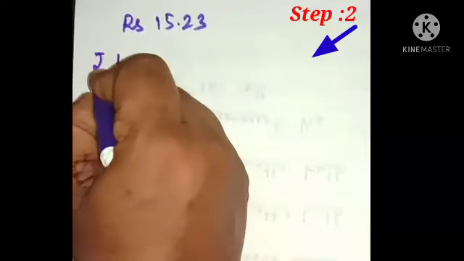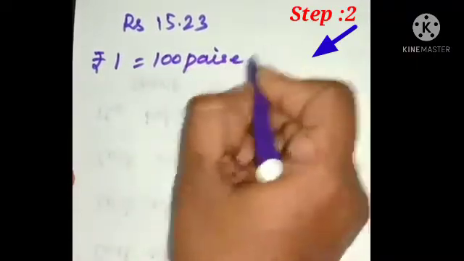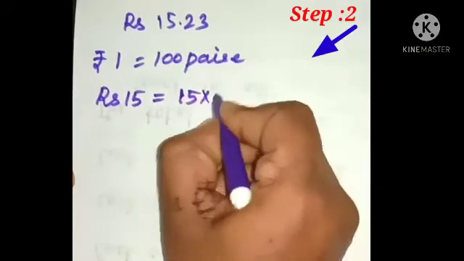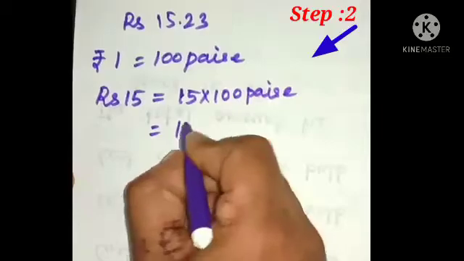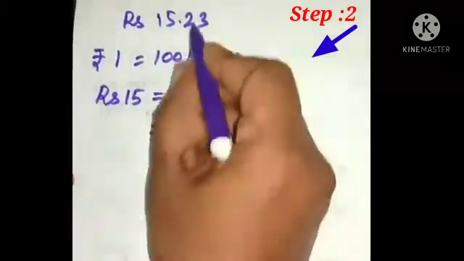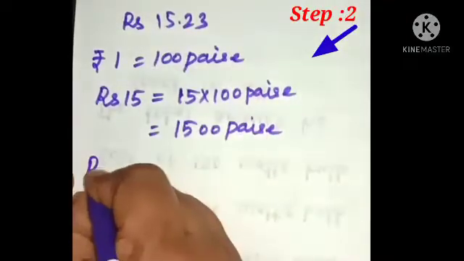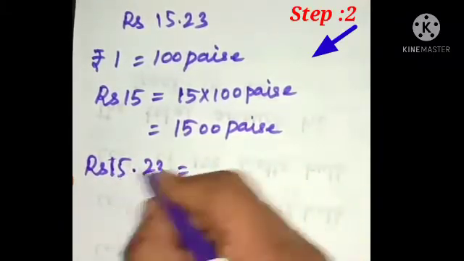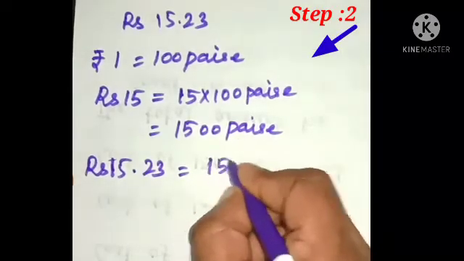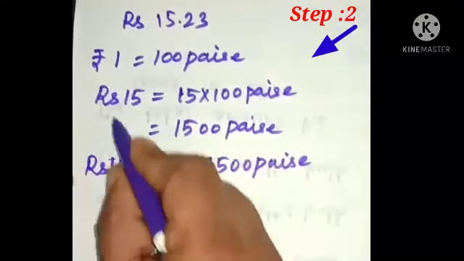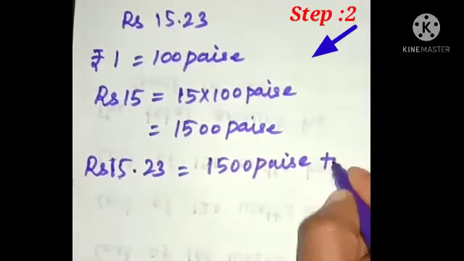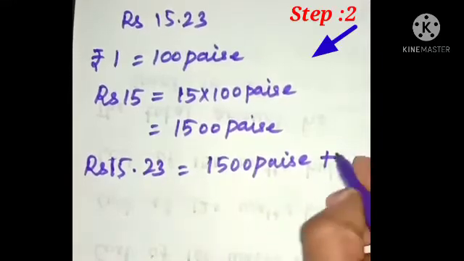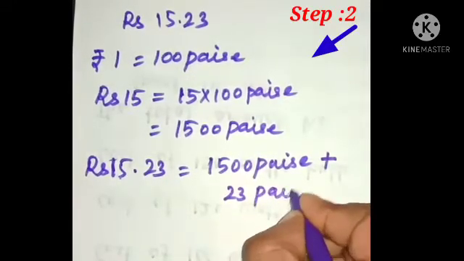Here 1 rupee is equal to 100 paise, as we know already, and rupees 15 is equal to 15 into 100 paise, that is 1500 paise. Already 23 paise is there, so rupees 15 23 paise can be written as 1500 paise plus 23 paise.